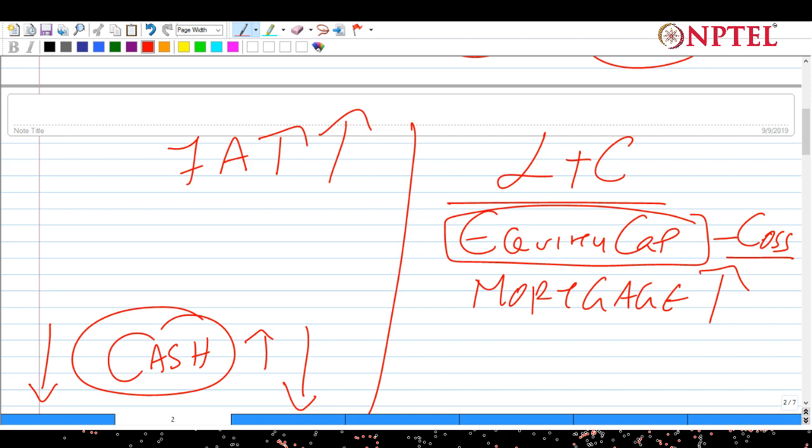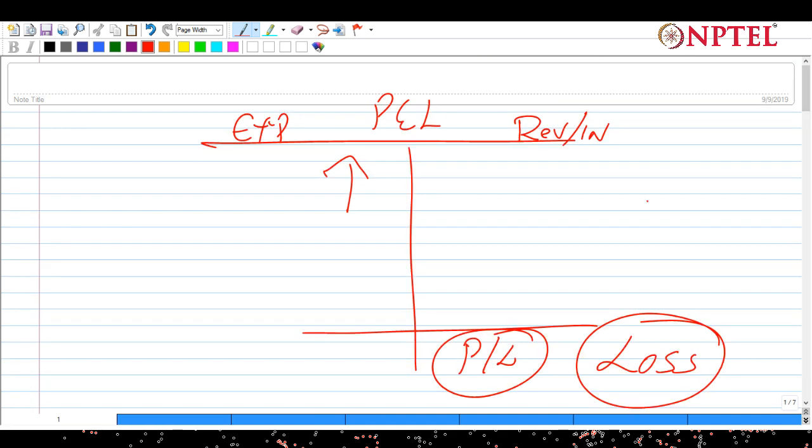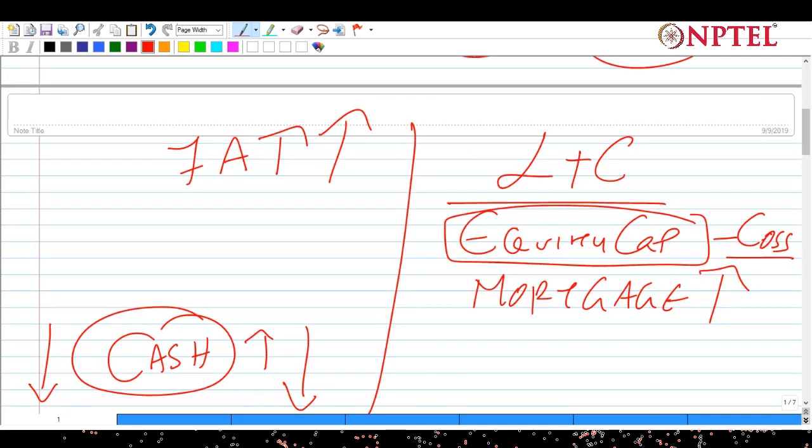Supposing there is no revenue, in this example revenue is zero. There is only one expenditure, that is salary. I have paid salary, that means my expenditure is more than the income, and what I have incurred is basically a loss. When I paid salary, my cash has come down. Loss is borne by the equity provider, the capital.